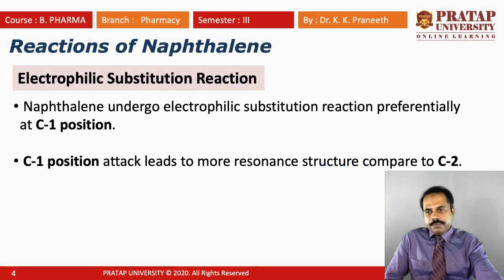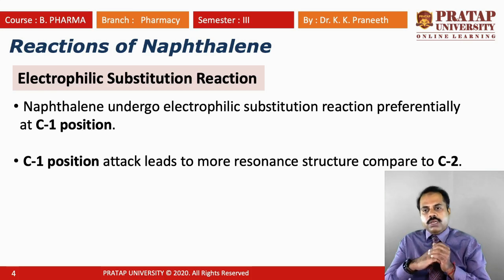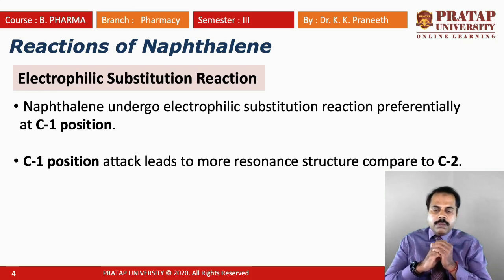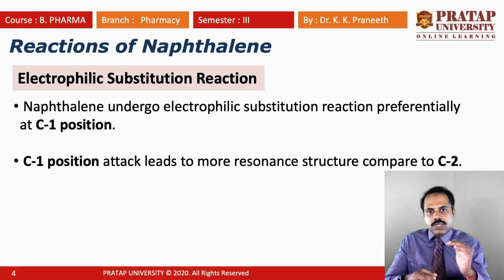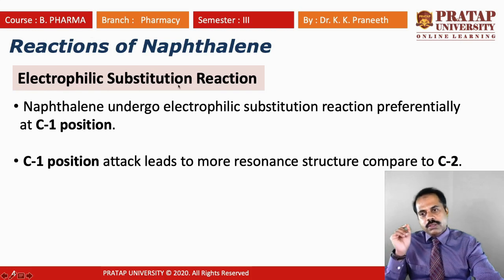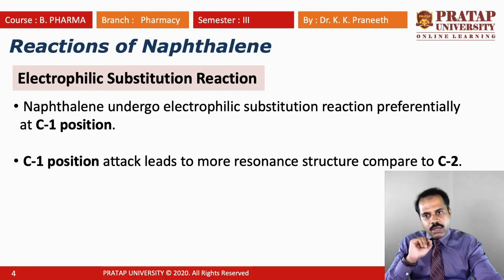So with this, we next want to see the reactions of naphthalene. The important reaction naphthalene undergoes is the electrophilic substitution reaction. We have already seen what electrophilic substitution reaction is in the benzene chapter and also in the phenol chapter, right?